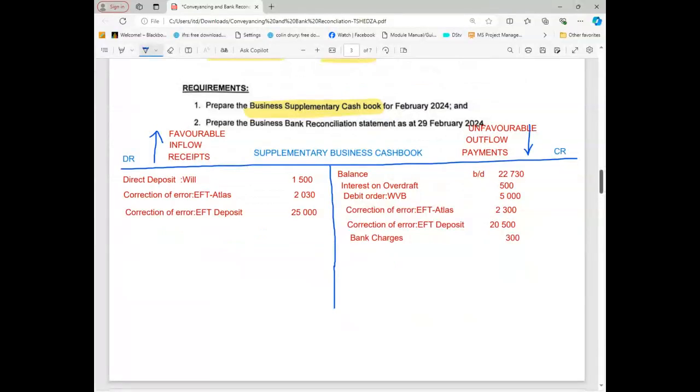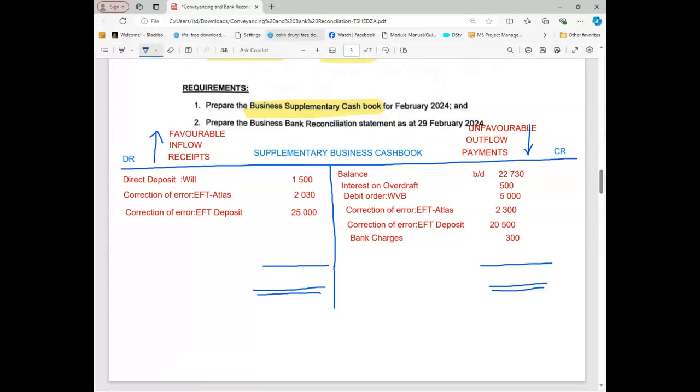Let's balance it. Which side do you think is the biggest? It must be the credit side. Please find the total for the credit side. I know it's a lot, but you are practicing calculation. 5,500, 5,000, 2,300, 2,500 plus 300.